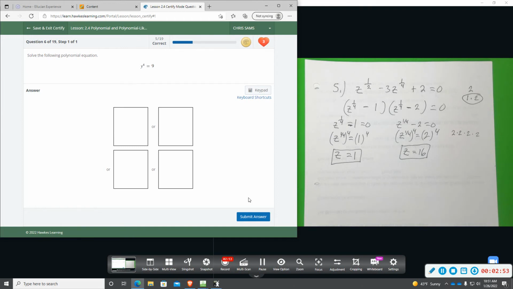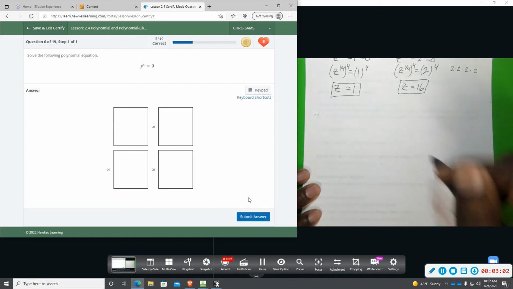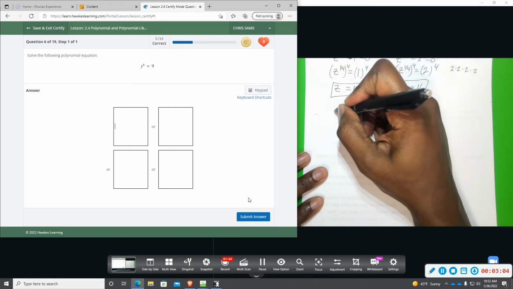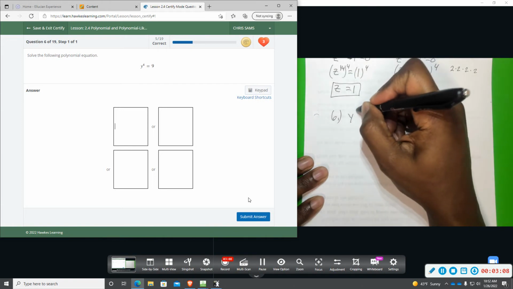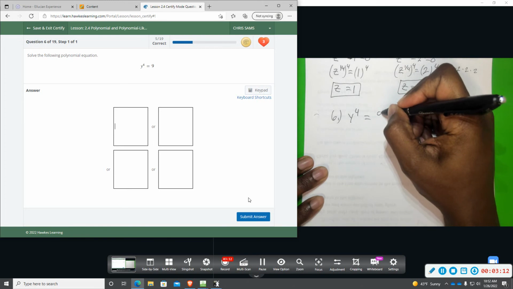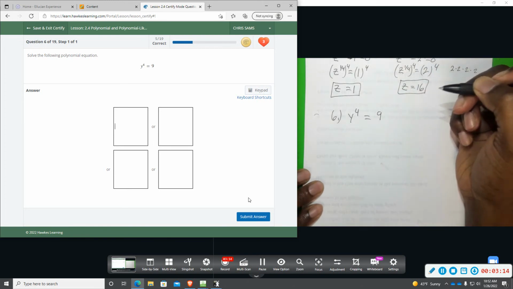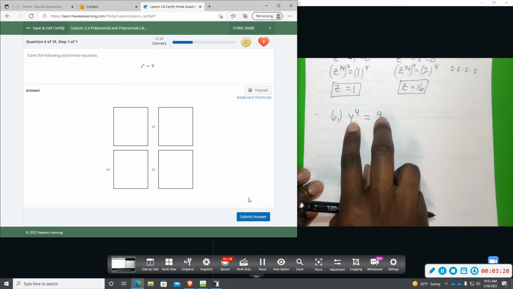Okay, now we're going to look at number 6. Y to the 4th equals 9. Okay, so the way I believe you need to do this one is seeing this as difference of squares.